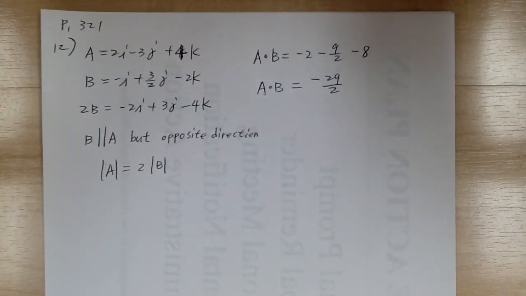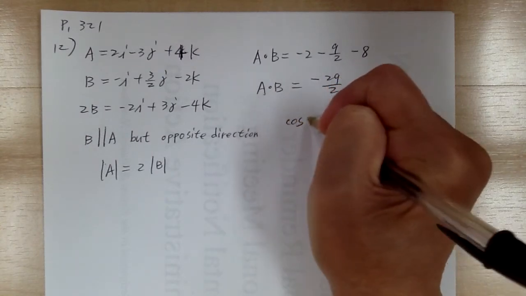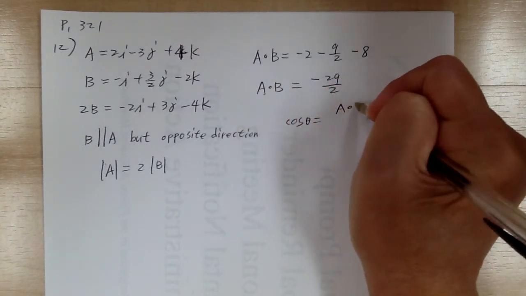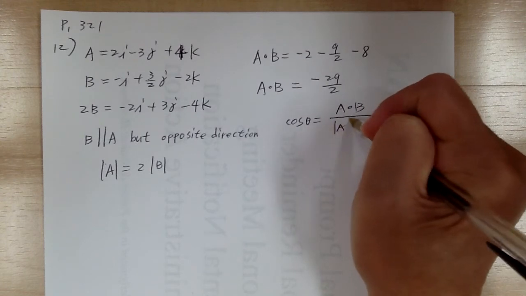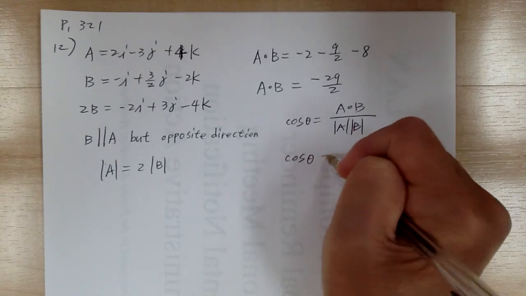Okay, then after that, what you need to do is to find the angle. Notice cosine theta equal to A dot B over A B, right? So you can find out the angle between them.